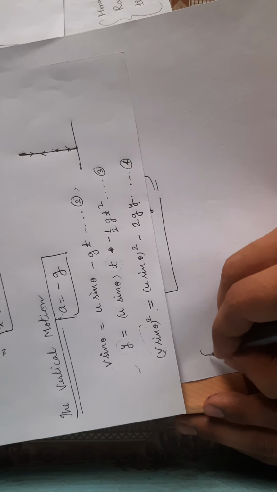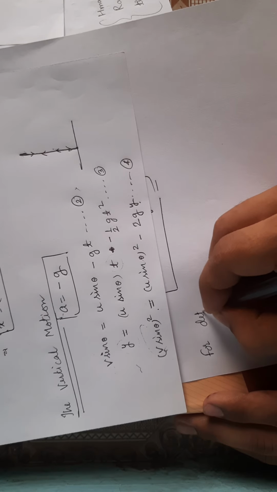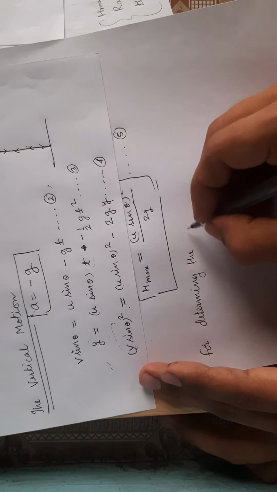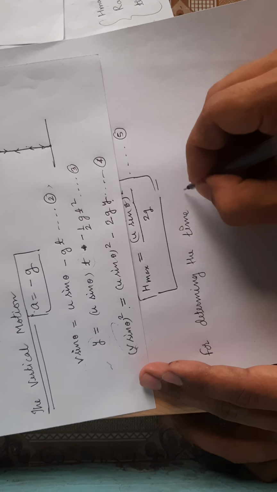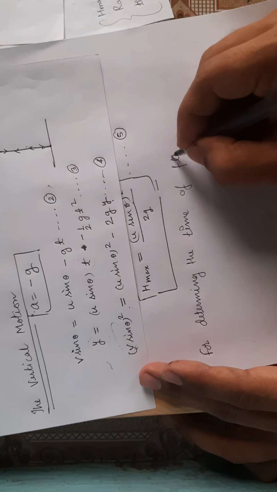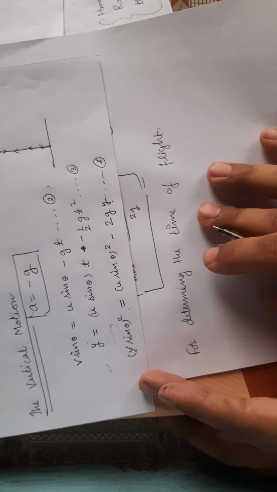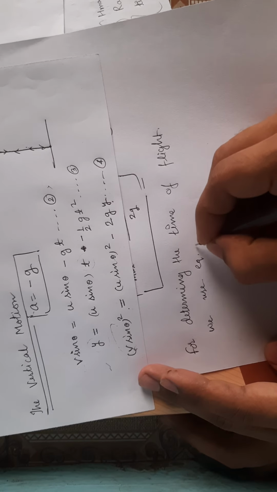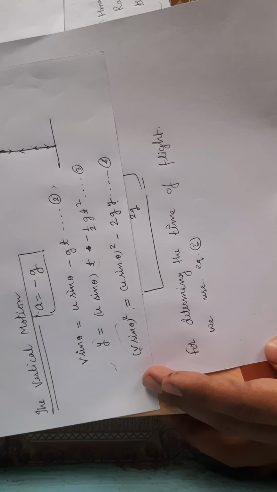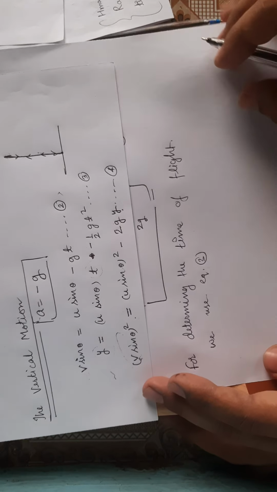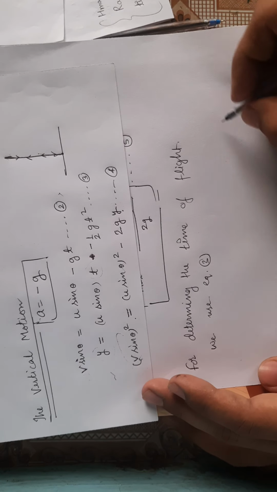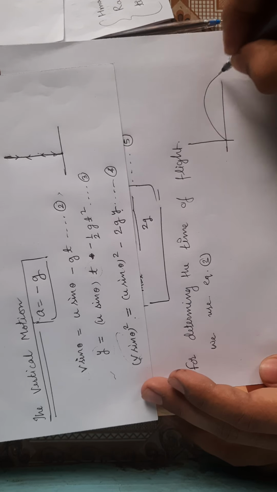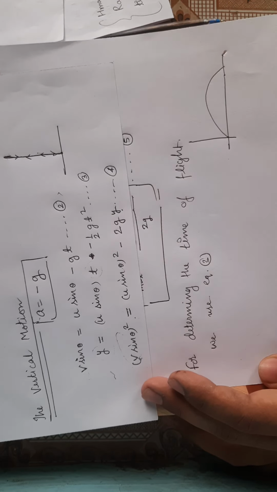So for determining the time of flight, we use equation 3. We know the whole journey, the time taken by the particle, is the time of flight.